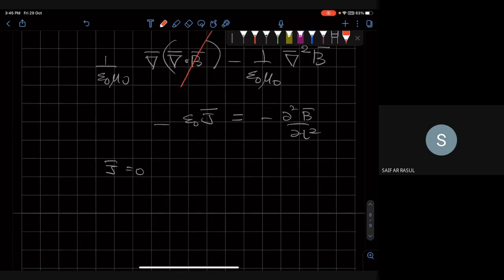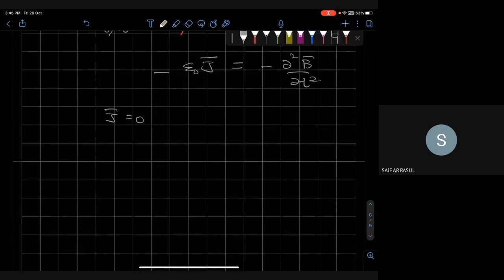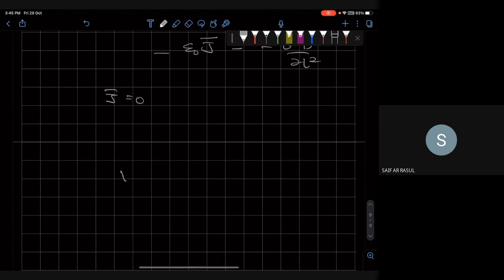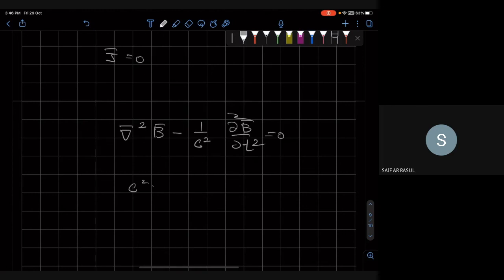Okay. So then what we have left is del squared B minus 1 over c squared del squared B by del t squared, where c squared is 1 over mu naught epsilon naught.